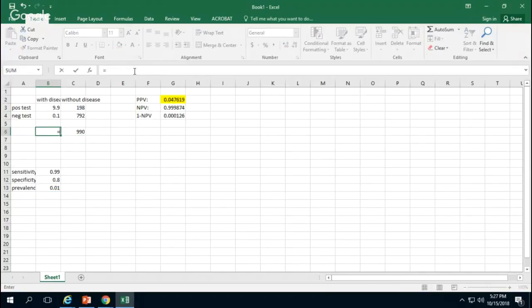Okay, so let's apply this to a higher prevalence population. Let's say one with a 10% risk, and now the PPV has gone up to 35%. At 50% prevalence, we're up to 83%. Get the picture. So applying it to a higher prevalence population makes a difference, and specificity makes a difference.